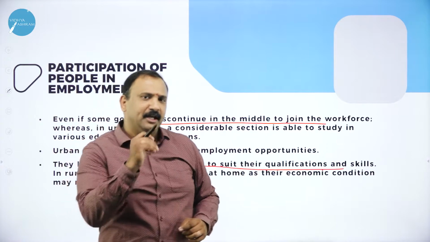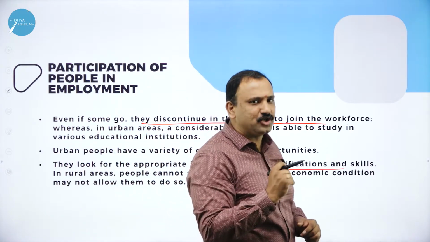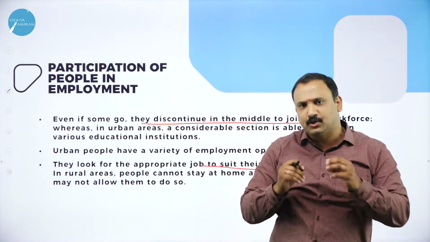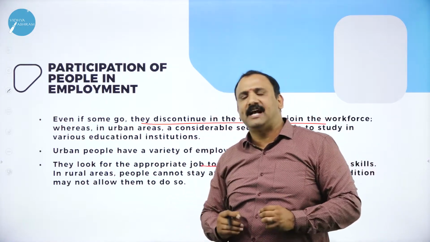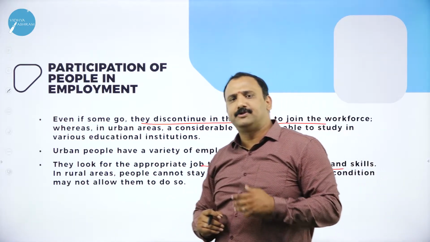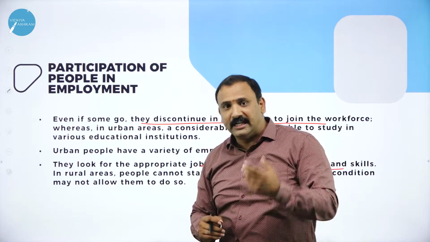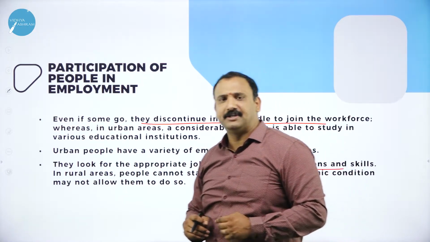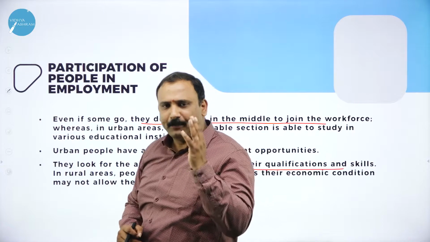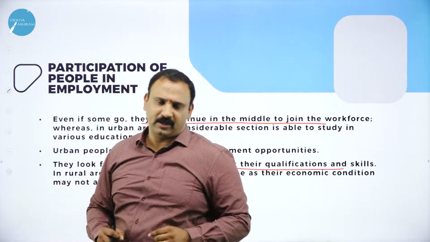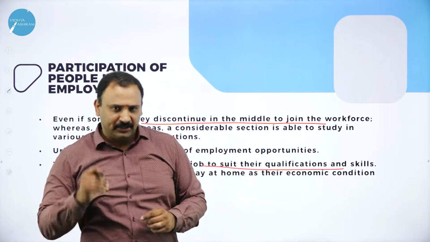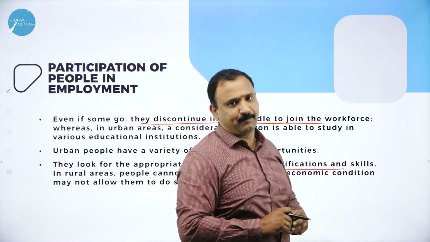For an engineer, if he is not able to get an engineering job, automatically he tries to move out of that sector and starts looking at opportunities in a different sector. But what follows in the long run is a severe depression. Why? Because you are not able to get the right job for your qualification. And in that case, the rural sector is a definite example for you.